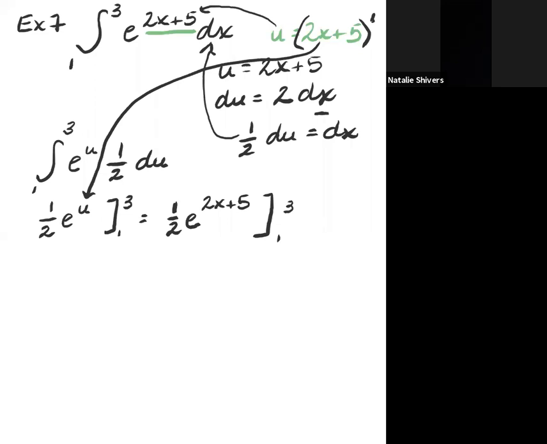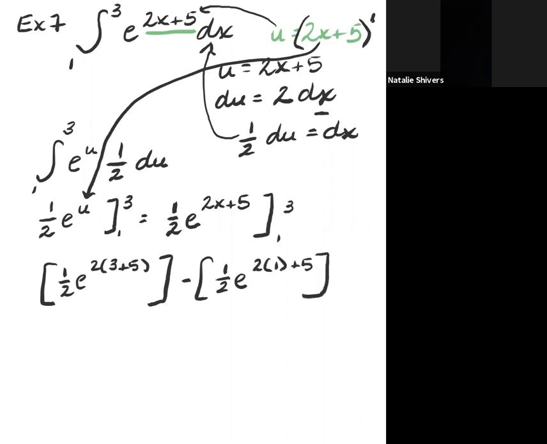Okay, so if I'm going to plug 3 in, I get 1/2 e to the 2 times 3 plus 5 minus 1/2 e to the 2 times 1 plus 5. So I'm going to get 1/2 e, 3 plus 5 is 8.